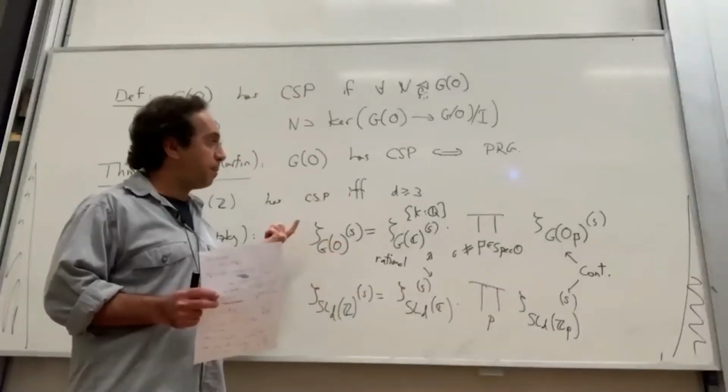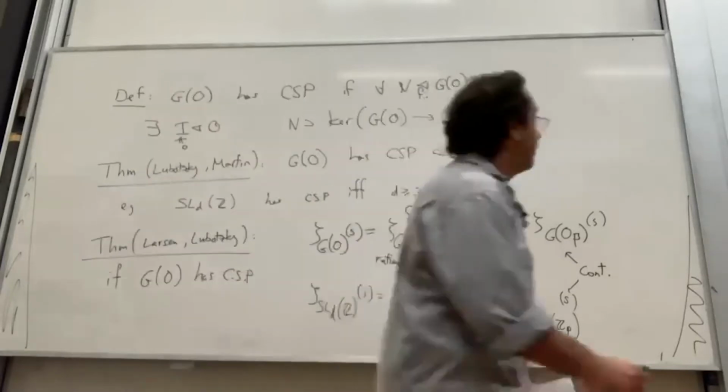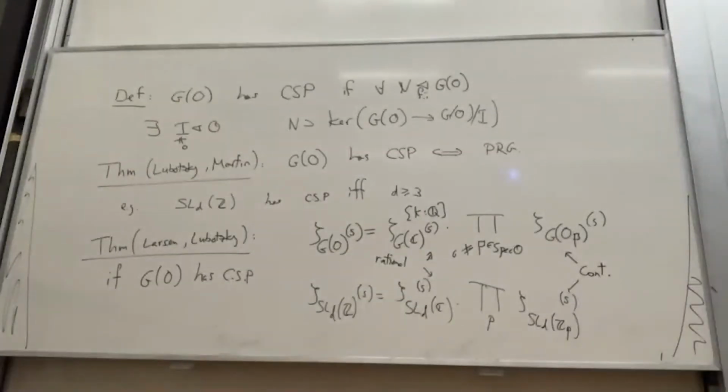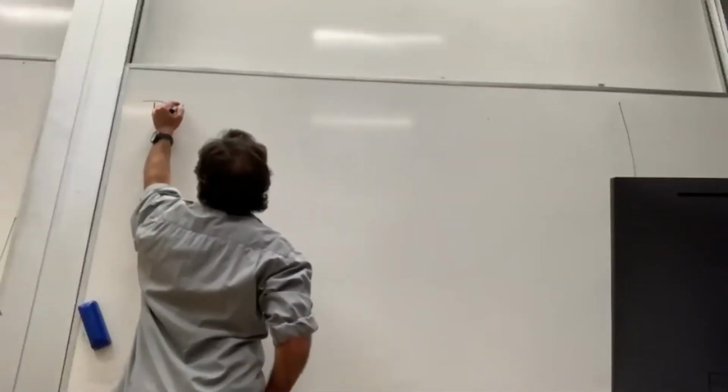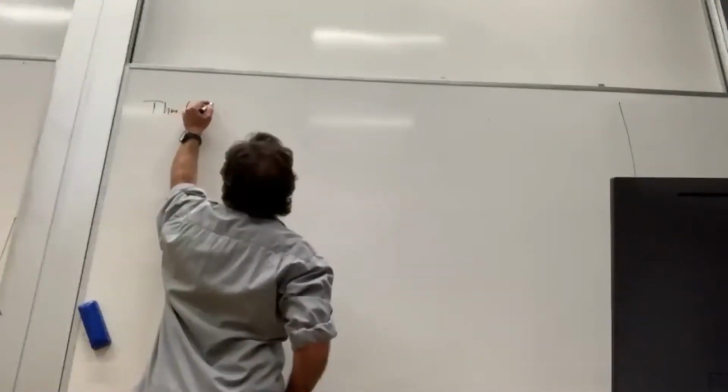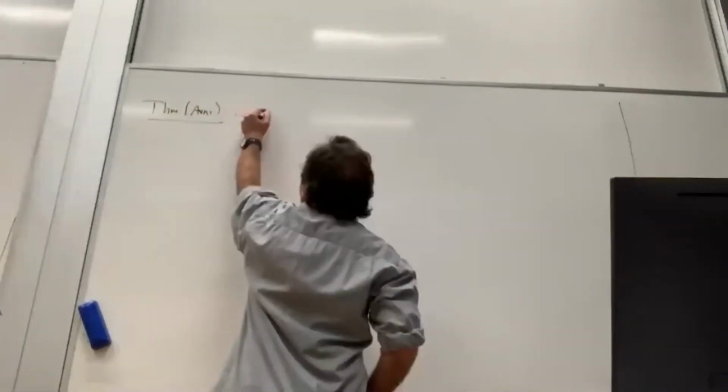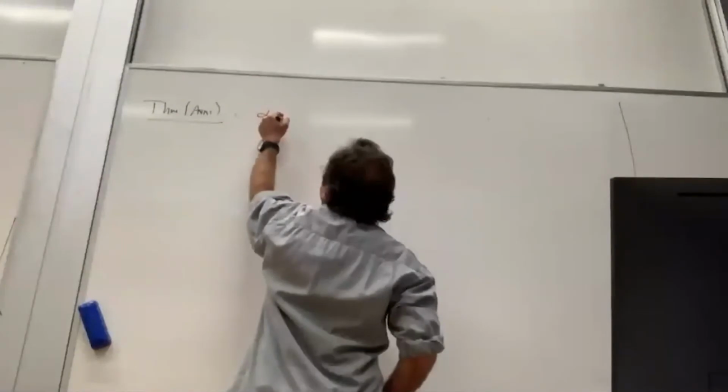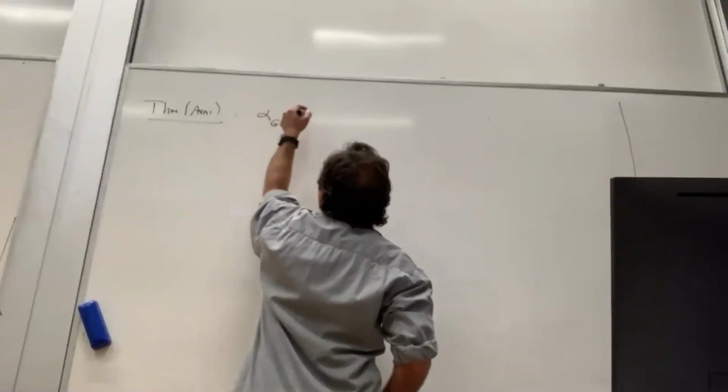The theorem is a theorem by Nir Avni, which says that these numbers are rational. So, always under the congruence subgroup property assumption, Avni proved that the abscissa of convergence of the ring of integers O is rational.